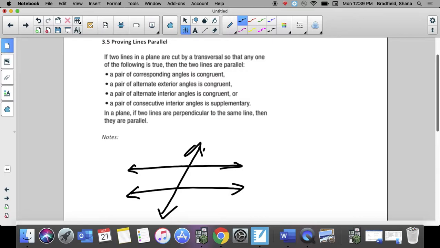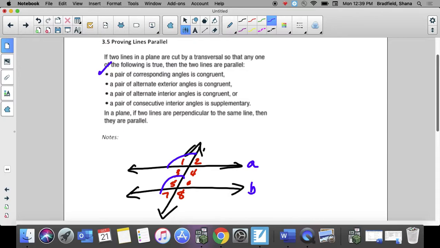But if I were looking at the first theorem, it says if two lines in a plane are cut by a transversal so that one of the following is true, then the two lines are parallel. So if, and in this case I have, here's my angles again. Angle 1 and 5 are corresponding angles. So if I say that those corresponding angles are congruent, which those markers say that they are, then I know that my lines, in this case we'll call it lines A and B, would have to be parallel. But I don't know that first. I know that the angles are congruent, and then I can say the lines are parallel.